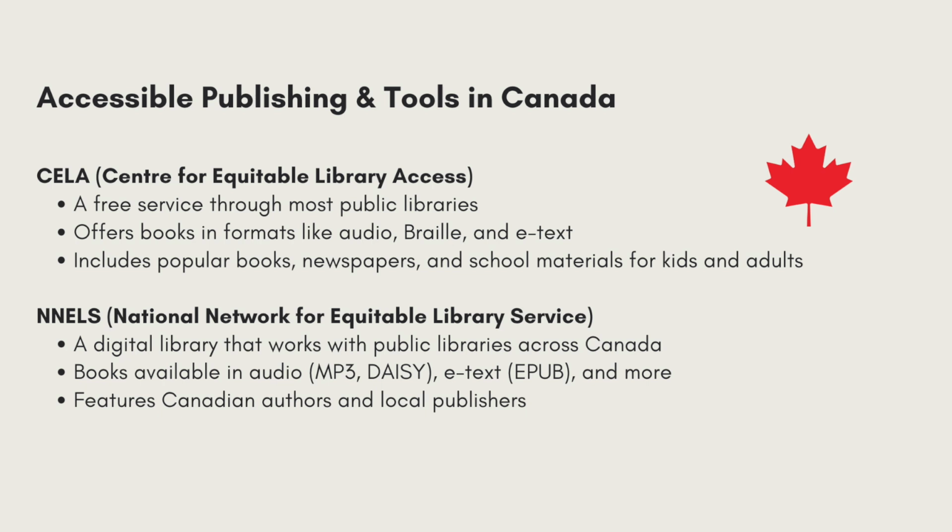And then we have NNELS, which is the National Network for Equitable Library Service, which is a digital library that works with public libraries across Canada, and it makes books available in audio, e-text, and more formats. This often features Canadian authors and local publishers as well.